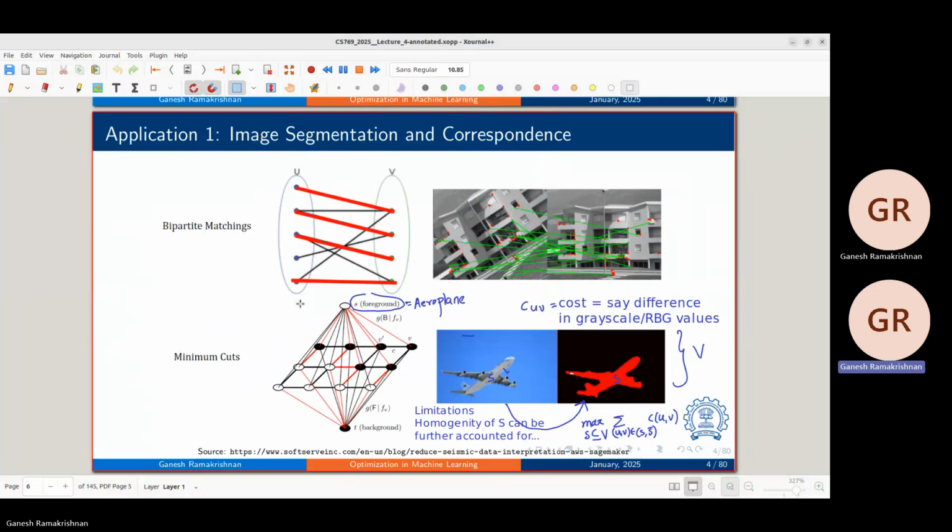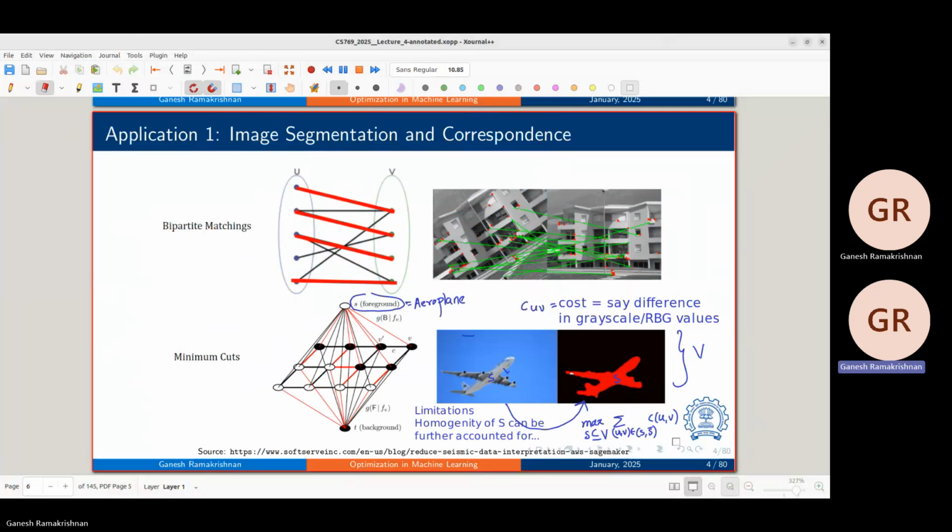How should it be? Should it be maximized or minimized? Sorry? Is this correct or is there a mistake? So here we are looking at similarity from S to S complement, right?